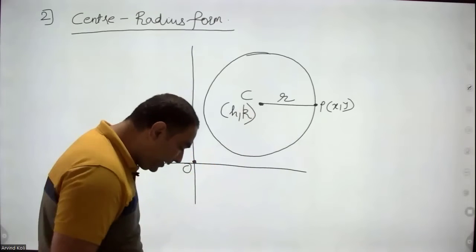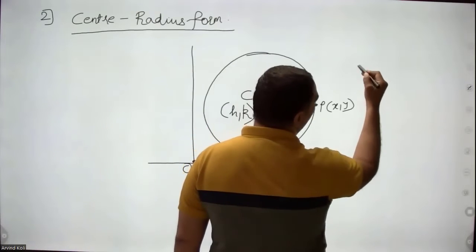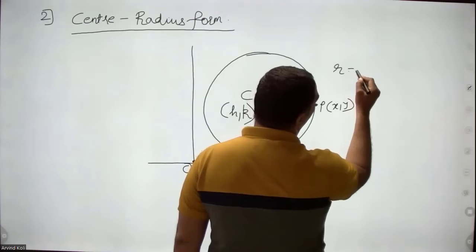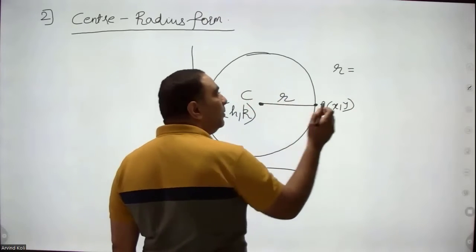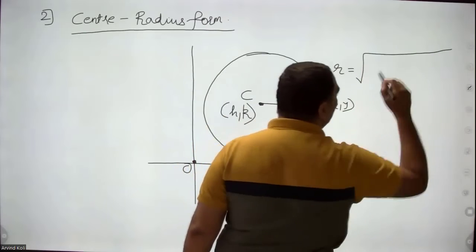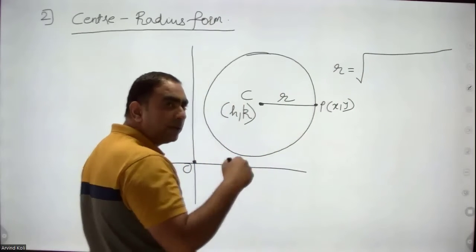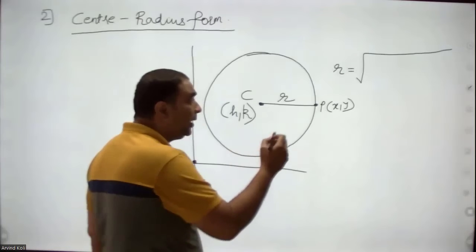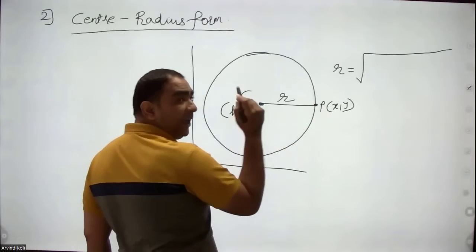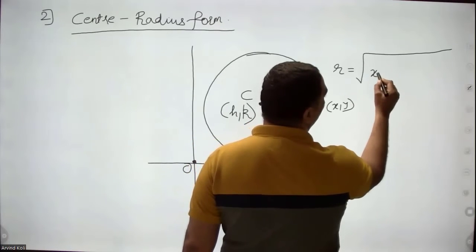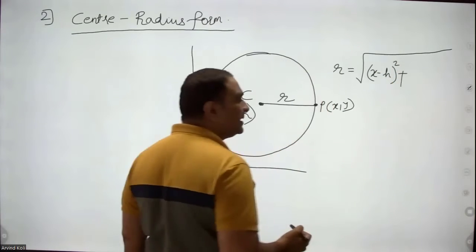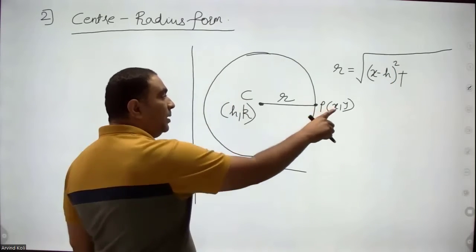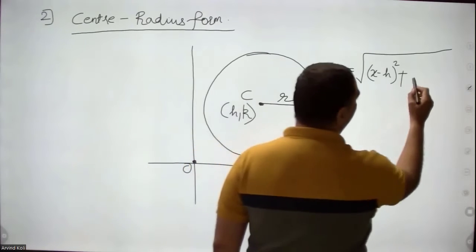So here we can say that r is equals to, now radius फाइंड करने का फॉर्मूला क्या होगा? यहाँ पे वही difference of x coordinate square plus difference of y coordinate square. So which is equal to x minus h का square plus difference of y coordinate मतलब y minus k.